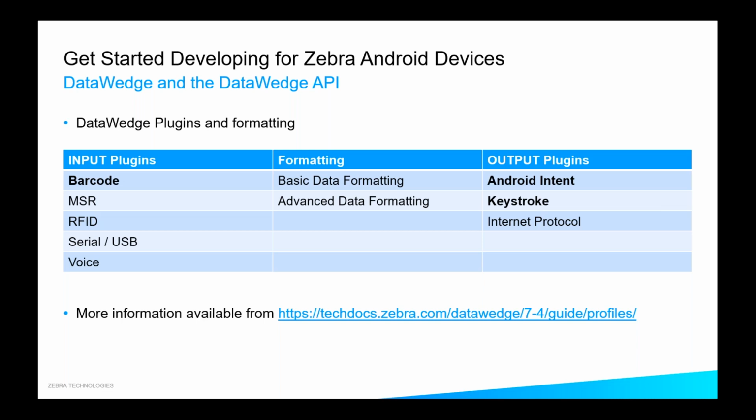Whereas nowadays, most applications tend to use Android intents to receive their data. We do still support keystrokes, but that's why we're not seeing as many applications do some kind of data formatting, because the application itself does the formatting after it receives the Android intent, rather than relying on DataEdge to format the data before sending it to the app.